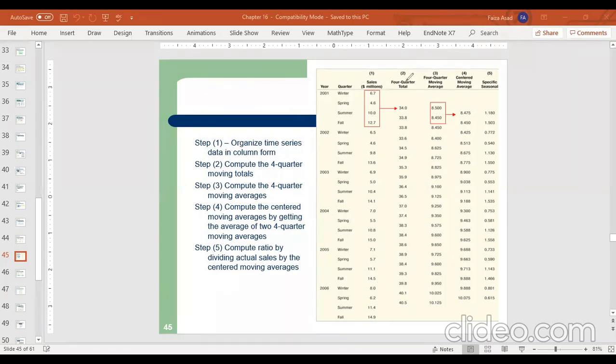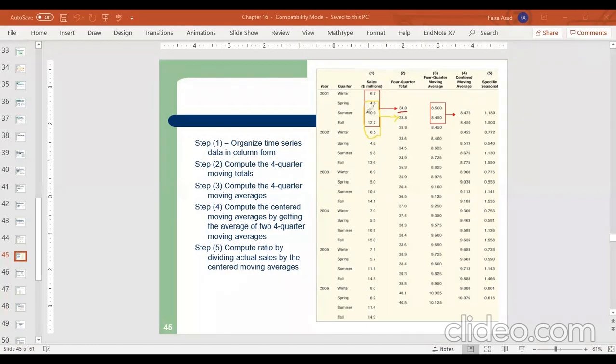Then in step 2, compute the 4-quarter moving total. So we will add the 4 quarters one by one. The first 4-quarter total will be this, and then we will add up the next 4 quarters. So we will use the moving average method. This second value will be this.